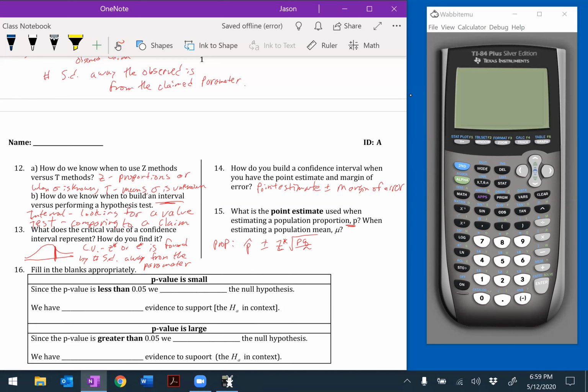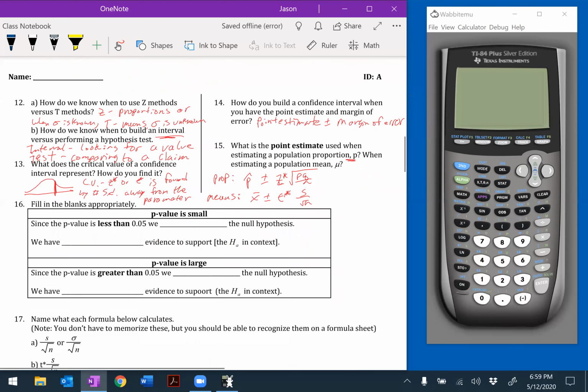Our standard error is the square root of PQ over N. For means, this is going to be X bar plus or minus T star times S over the square root of N. So our point estimate is X bar, T star, S over square root of N.